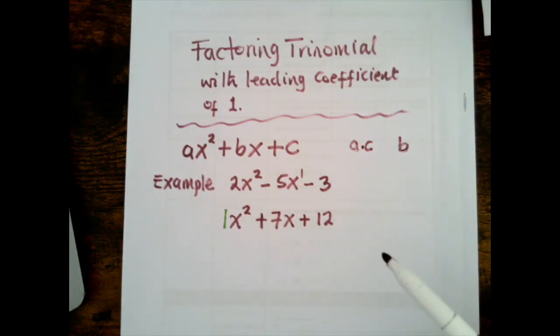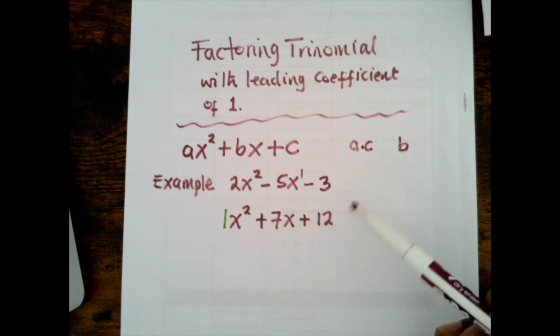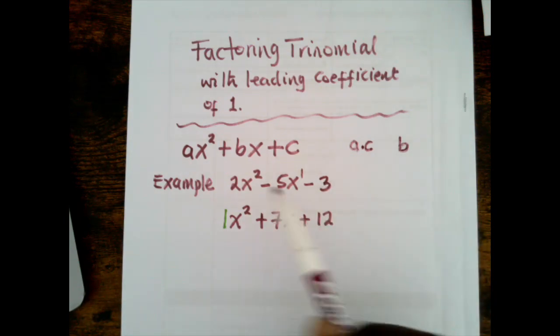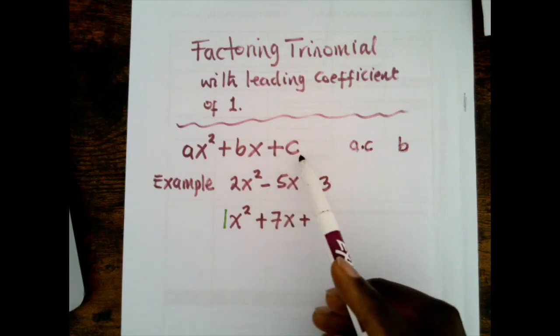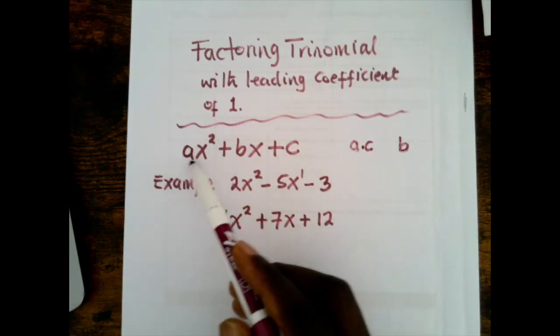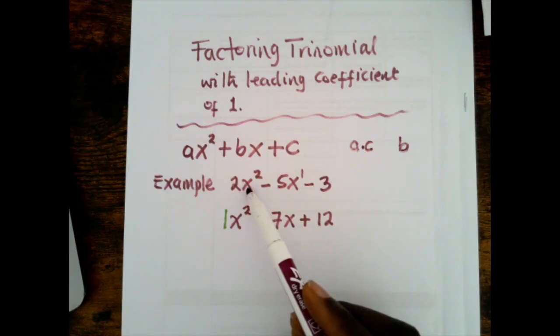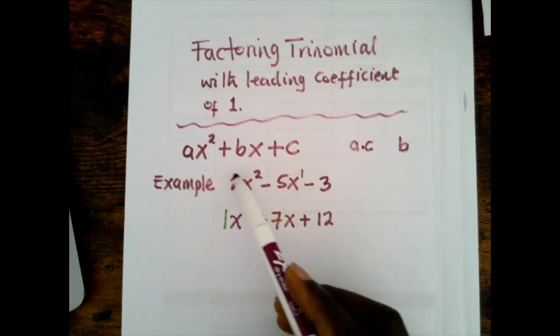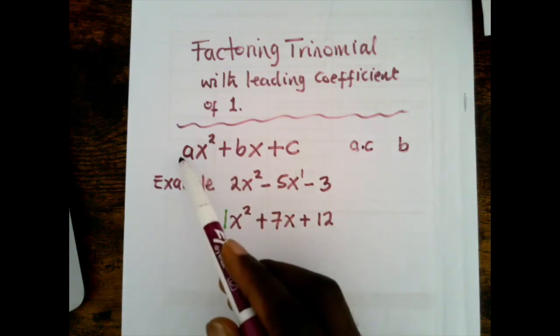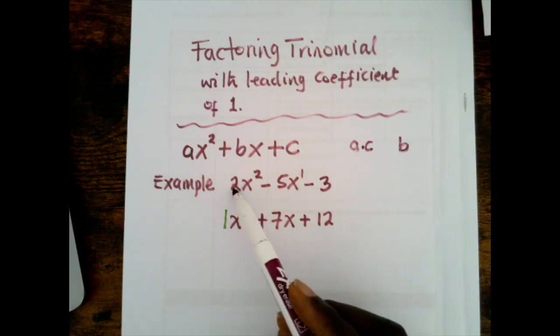Before we do that, let's quickly compare these trinomials to the standard form that you see here. The number we are going to refer to as the a value is the one multiplying the x squared term. In this example, 2 is multiplying the x squared term, so 2 represents the letter a.